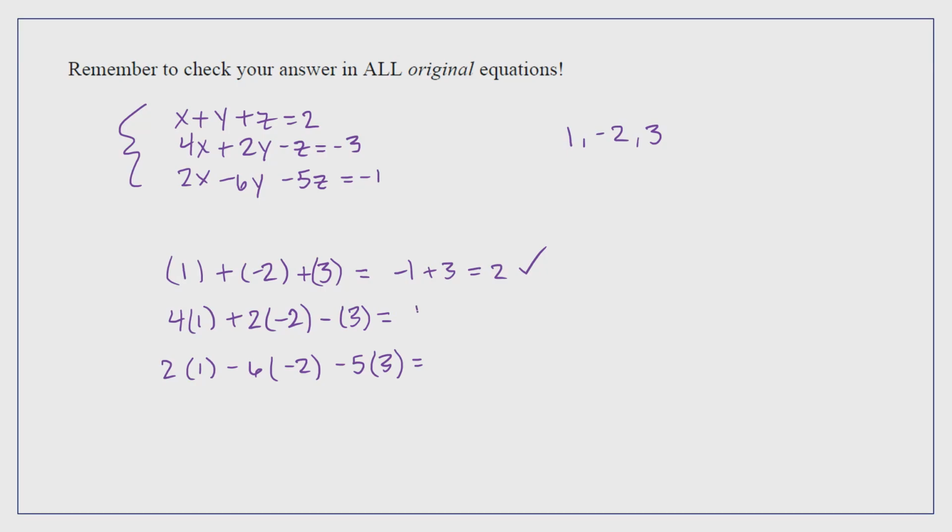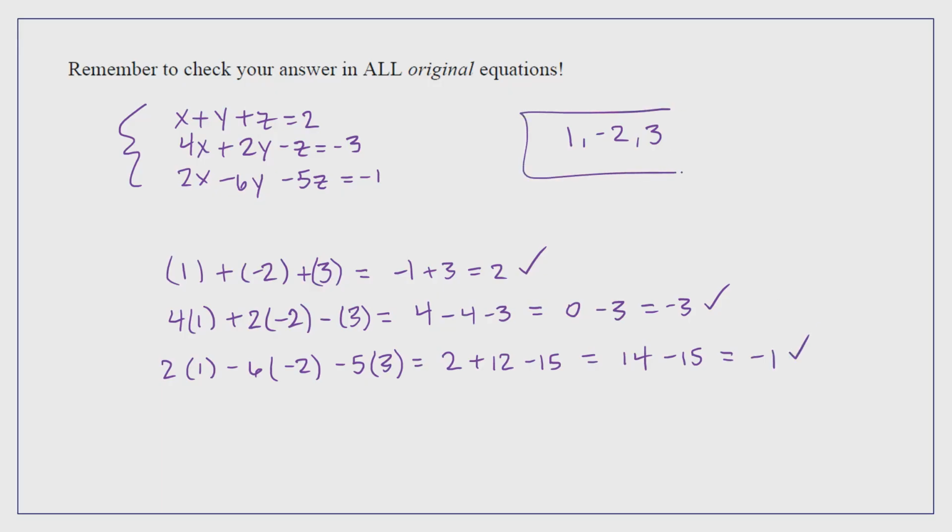Then we have 4 minus 3, which will get us 0 minus 3, which equals negative 3, which matches. Then we have 2 plus 12 minus 15. So that's 14 minus 15, which equals negative 1, which is true. So the ordered triple, 1, negative 2, 3, is a solution to this system.